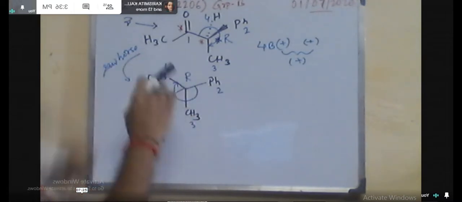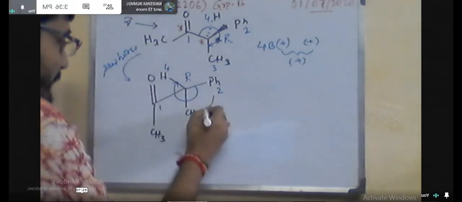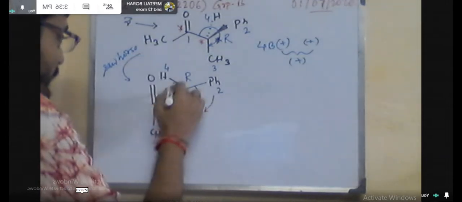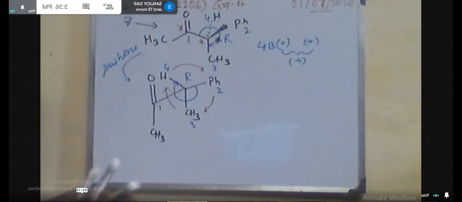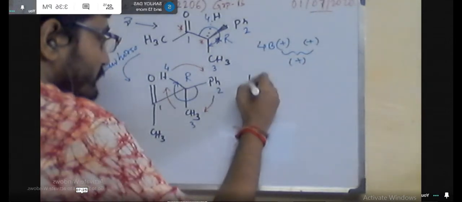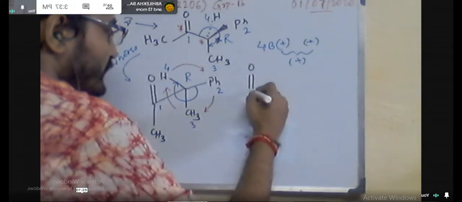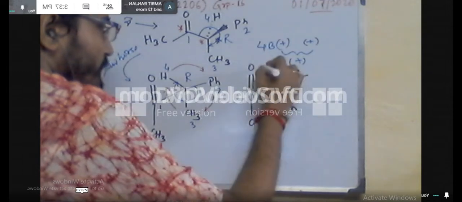So the new position will be double bond O, CH3. This is one conformation. Another conformation we can think of: exchanging the position of hydrogen to the position of phenyl, phenyl to CH3, CH3 to hydrogen.